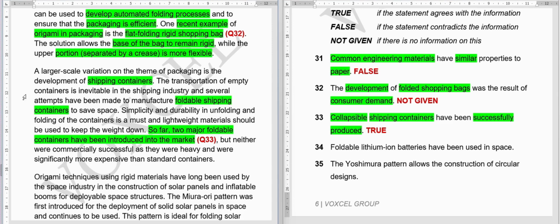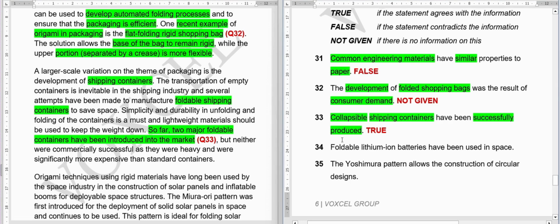Why? Because here they are saying neither were commercially successful. So if none of them were commercially successful, it cannot be success, so it should be false. But no, what the question is saying is they were successfully produced.